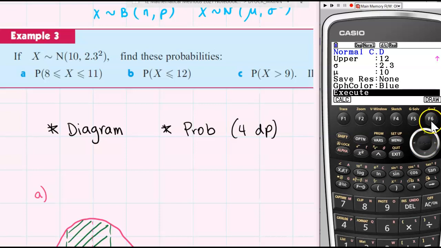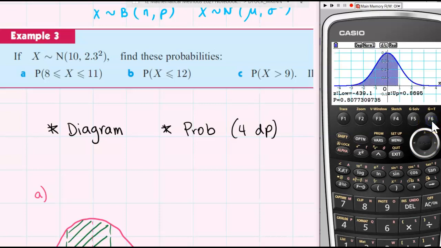Oh my goodness, draw pops up and you copy that diagram in your exam. Well done, Josh, good find. I love it. That's awesome.